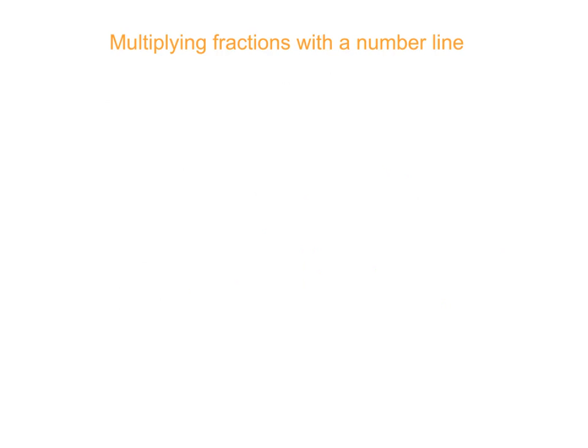So let's go ahead and try to explain this with a math problem. Let's pretend that my fraction looked like this, and I had 2/3 times 3/4. So let's describe this using the chocolate bar analogy.